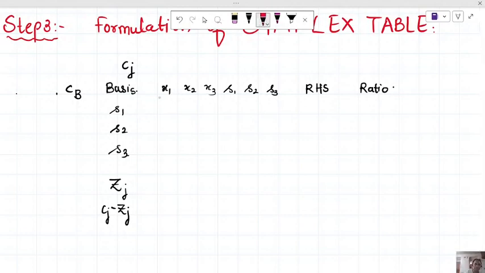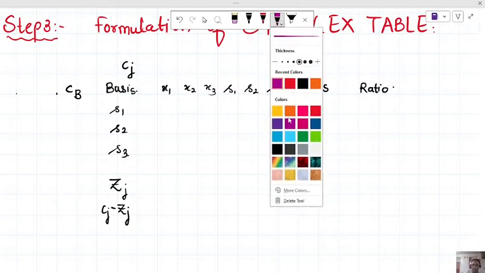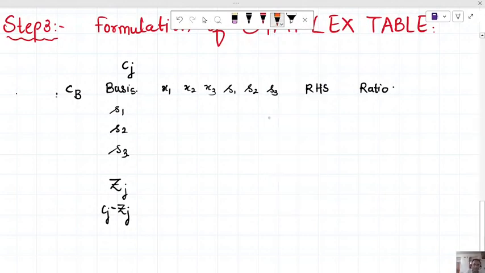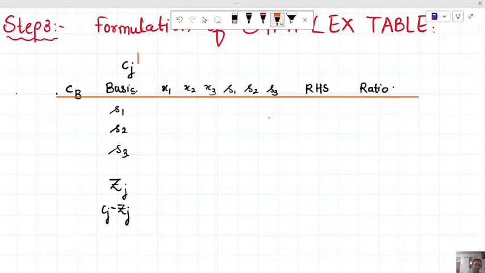Now for our understanding, we will make one line over here, so that we don't mess up. Yeah, okay, so this is the line that we will need.